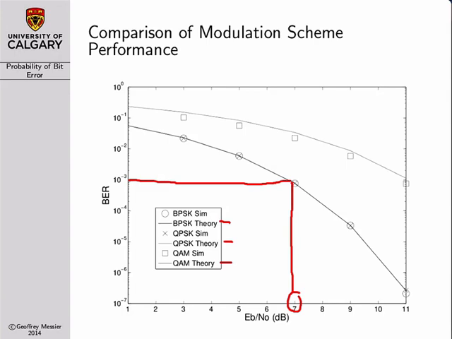the signal-to-noise ratio. If we look at the QAM results, the first thing you'll notice is that the squares don't quite fall on top of the solid line. And again, that's because the expression we derived was an upper bound. So it ended up being exact for the BPSK and QPSK scenarios, but it is an upper bound for the 16 QAM scenario.